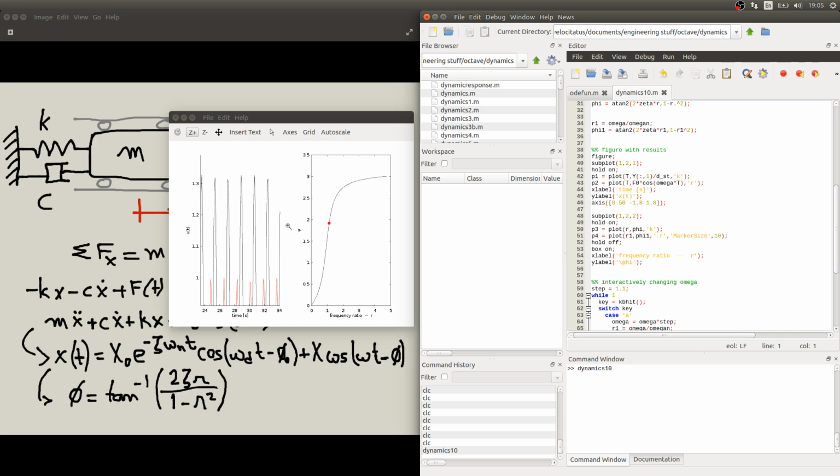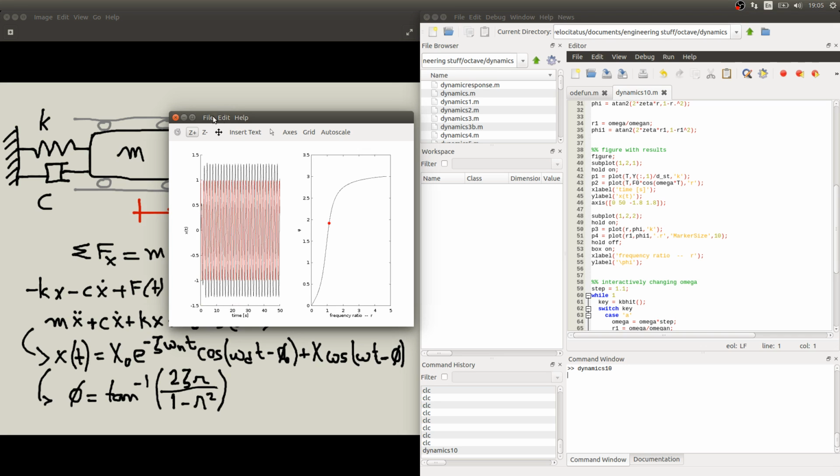And if we look here into the time response, depending on your screen, you might need to zoom in a bit to see what is going on.